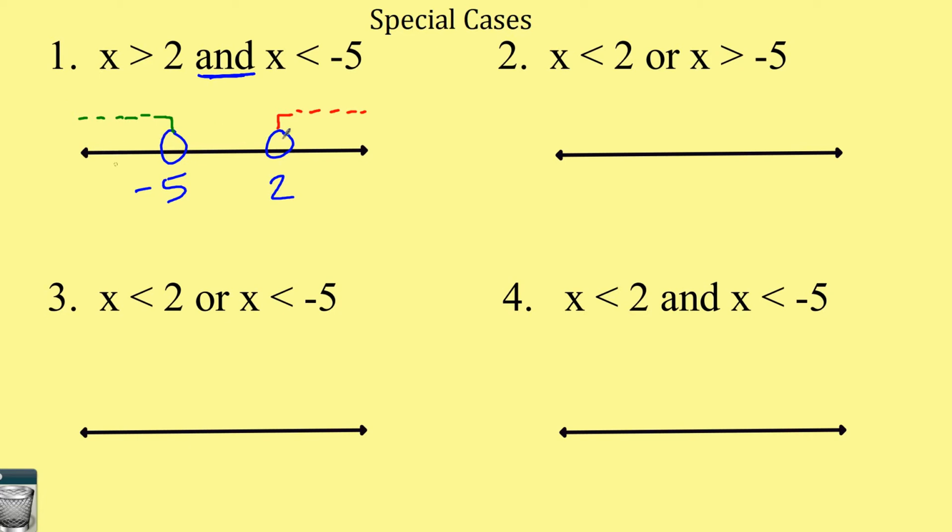Notice there's no overlap. So where is there the same? Nowhere is it the same. So we shade nothing. The answer here is no solution.